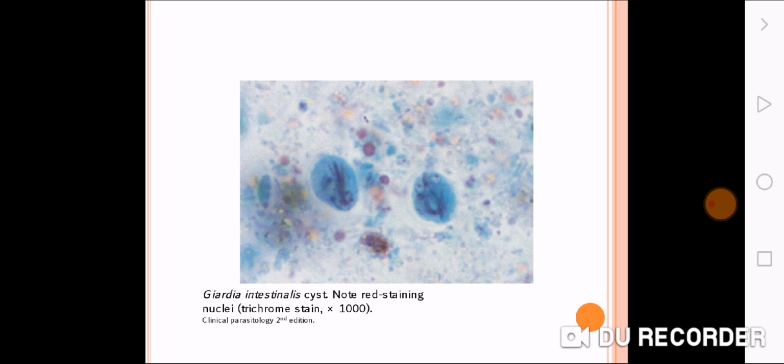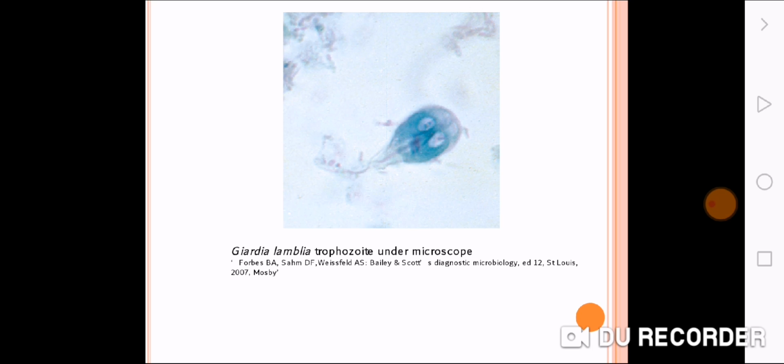This is a stained slide, a fixed smear. Here we see the nuclei and the characteristic shape of the trophozoite. Here is a clear trophozoite, face shape, two nuclei, axostyle and flagella.